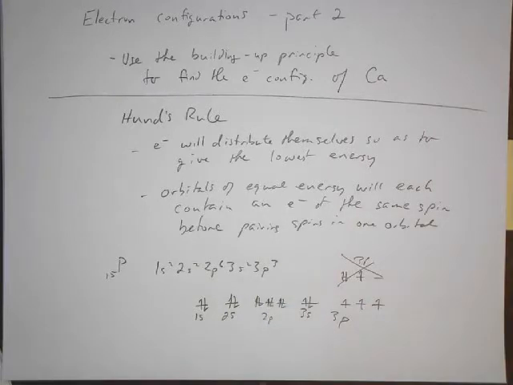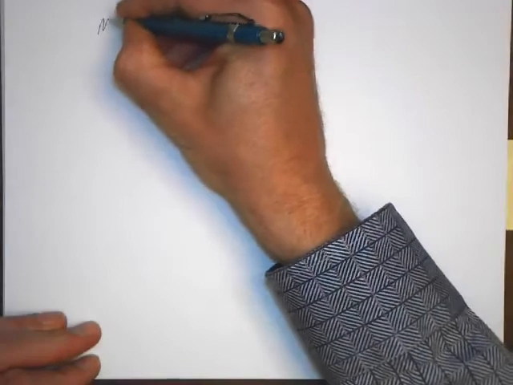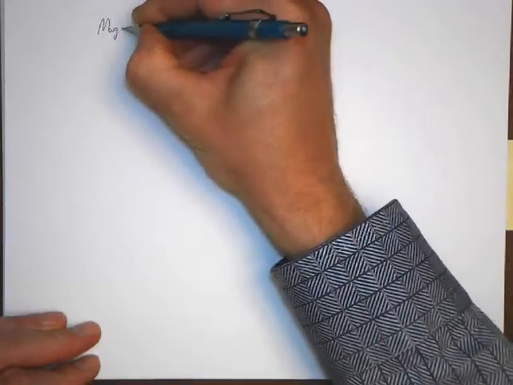Okay? All right. Two more topics that we have with respect to orbital electron configurations. Let's look at magnetic properties.